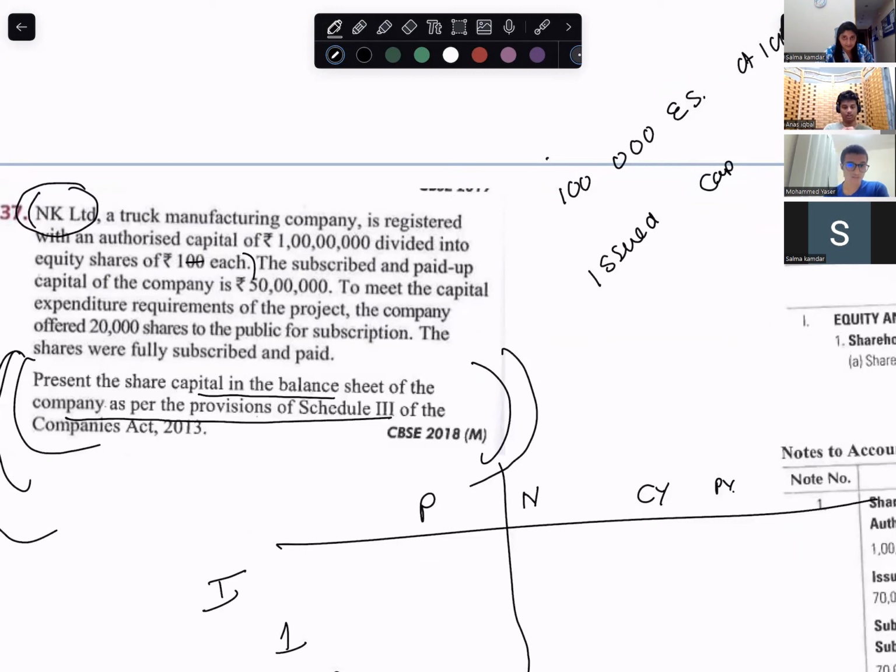Because first, subscribed and fully paid up is 50,000 shares. And additional, they offer 20,000 for a new project. So everything is subscribed and fully paid up, and that much is only issued. So what is issued share capital?